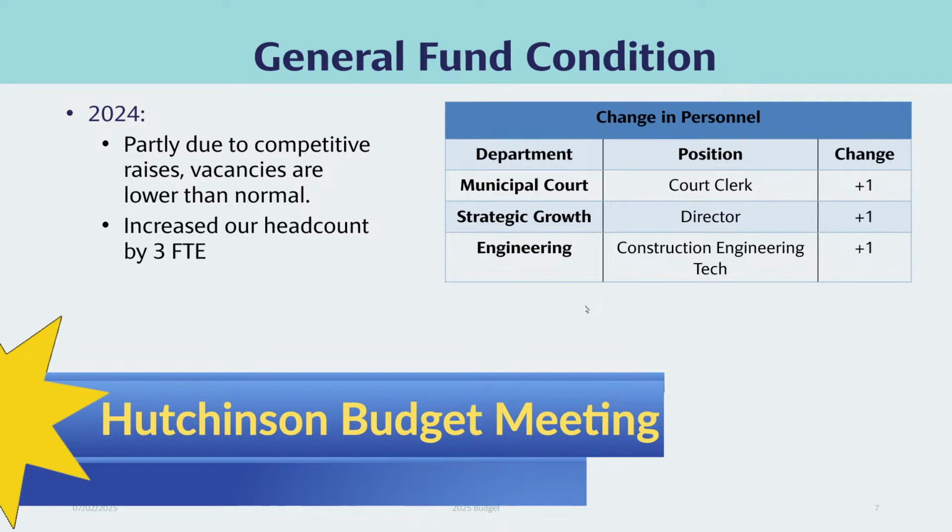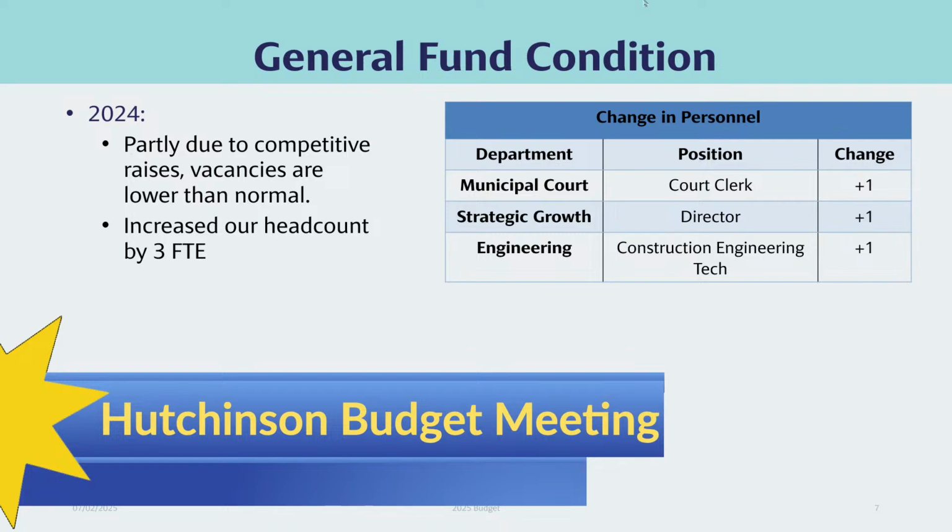So in 2024, there are some more trends going on with our expenditures, partly due to being able to offer competitive raises. Vacancies are lower than normal. The street department is close to fully staffed, and what happens when the street department is closer to fully staffed is that they spend more on asphalt and other materials and actually get work done, which is a good thing for our citizens.